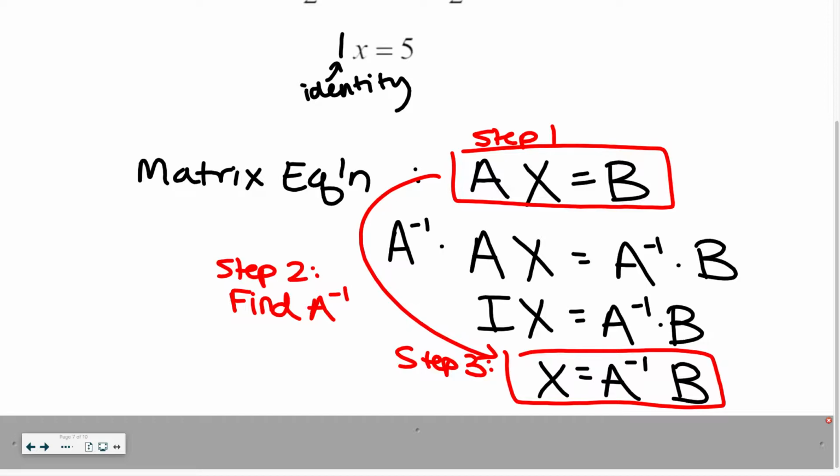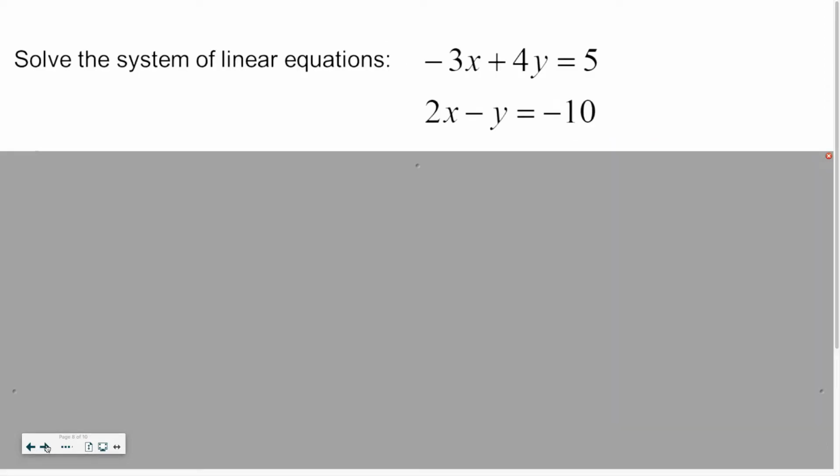Okay, let's put this to work. We're going to solve a system. It's going to be 2 by 2, so it's going to be no calculator. Negative 3x plus 4y equals 5, and 2x minus y equals 10.